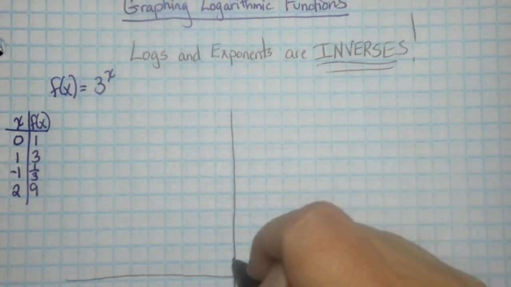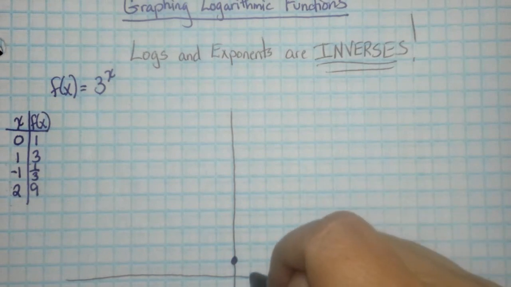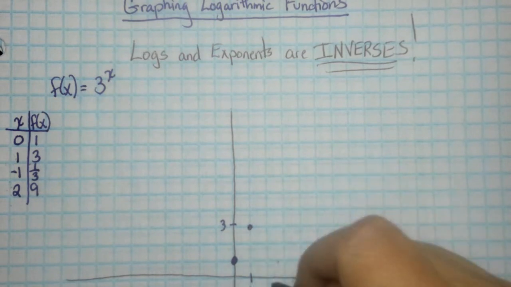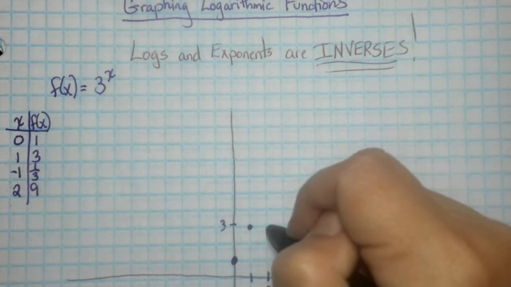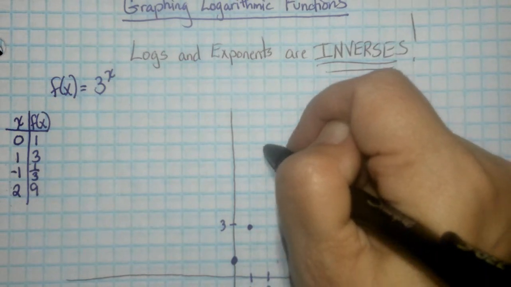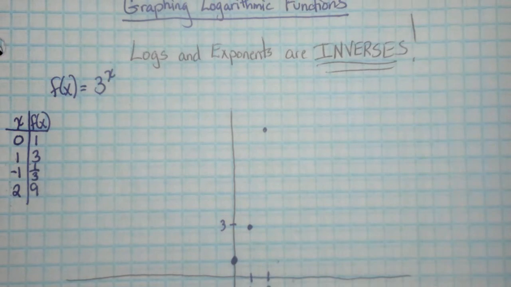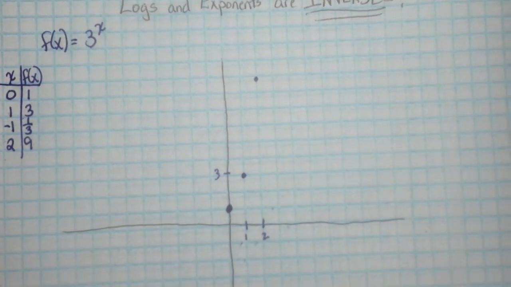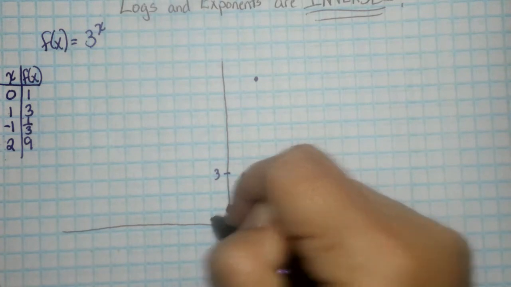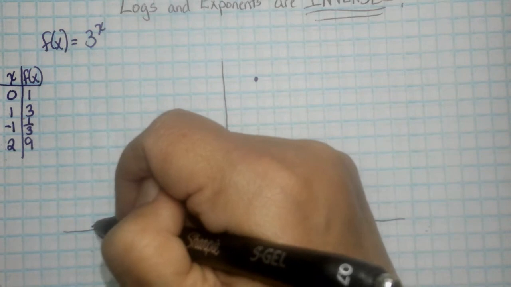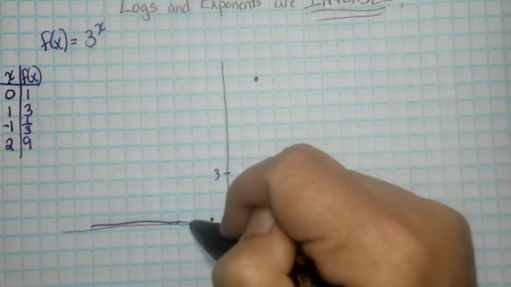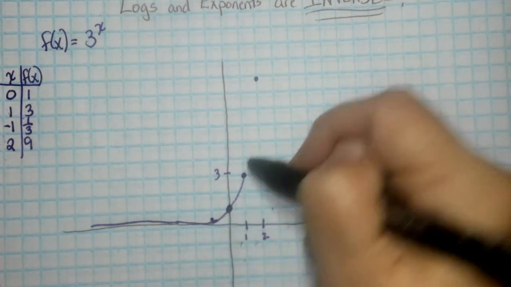So I have 0, 1, and I have 1, 3, and I have 2, 9, and then at negative 1, I'm only up 1/3. And so then based on what we've done before, this is going to be an exponential curve like this.